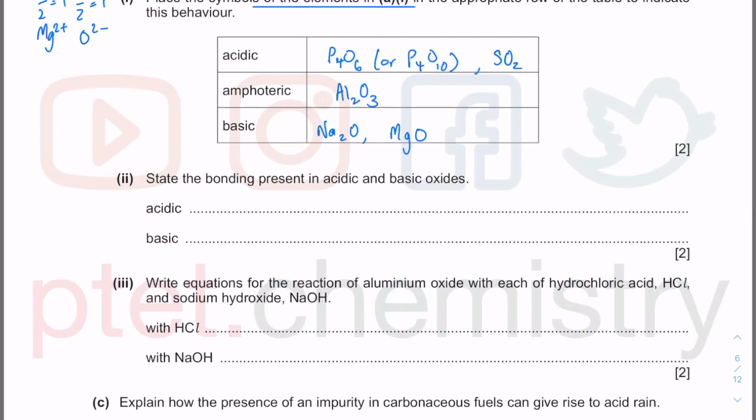State the bonding present. In the basic oxides, you have ionic bonding. They just want the bonding, not the structure. Be very careful: bonding is not structure, and structure is not bonding. And you have covalent bonding in the non-metal oxides.